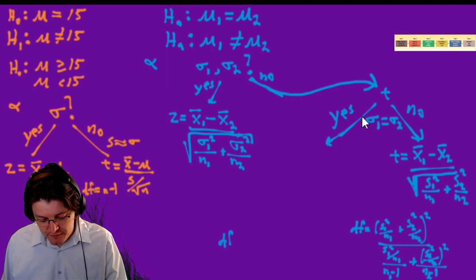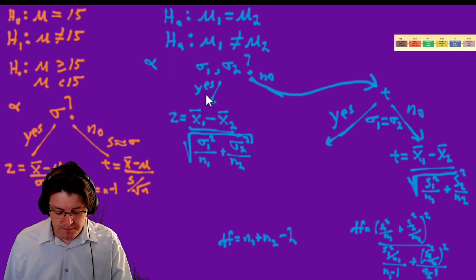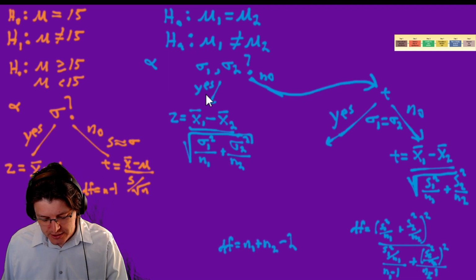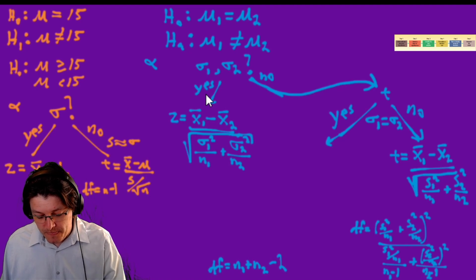Its degrees of freedom is n1 plus n2 minus 2. So that's great. But we get a gross t calculation. Okay, so you don't get to win either way, sadly.